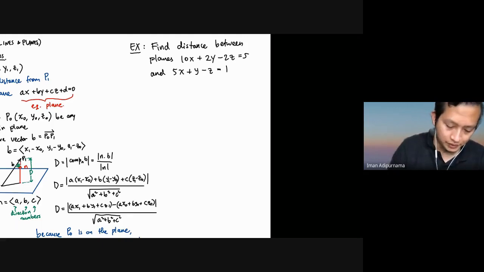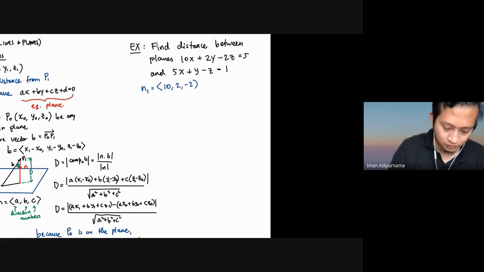First we can see the normal vectors from both planes. The first one has 10, 2, minus 2. The normal vector for the second plane is 5, 1, negative 1.